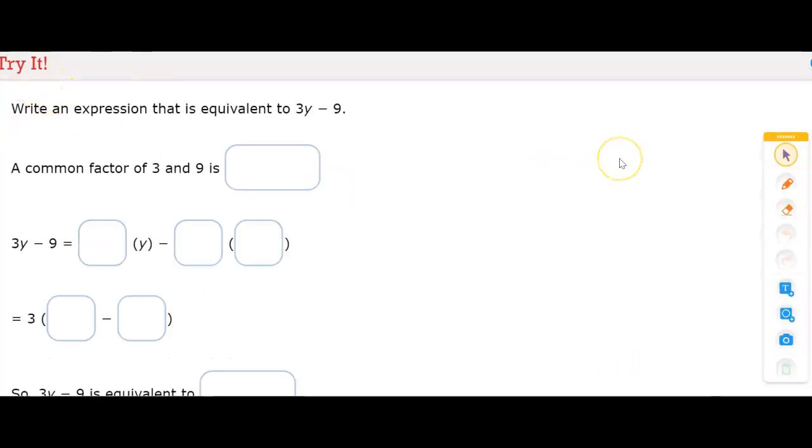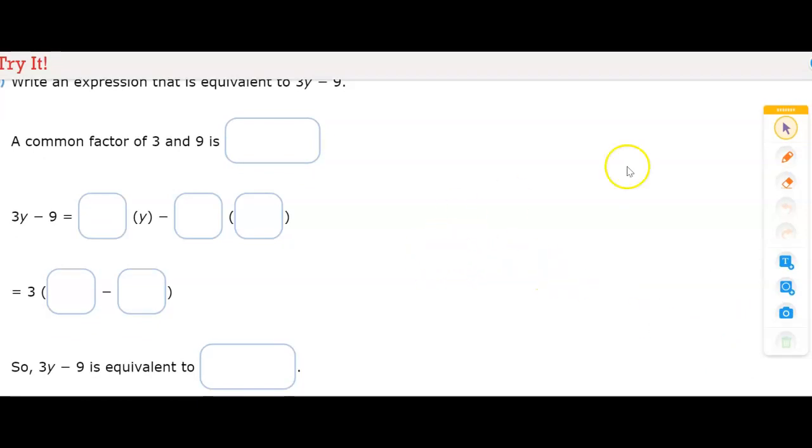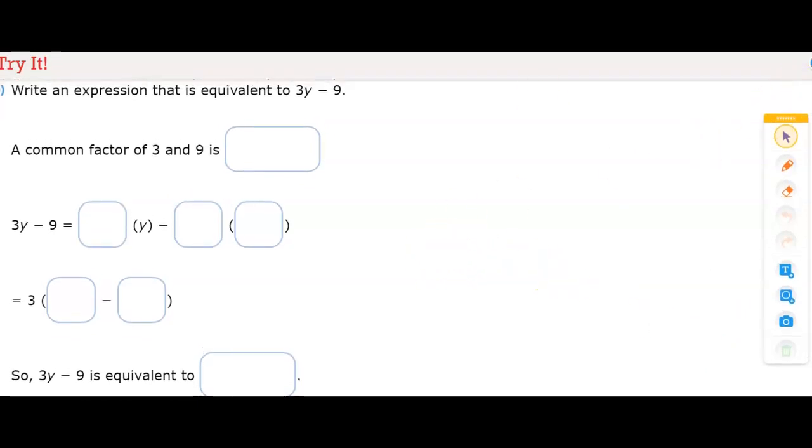Write an expression that is equivalent to 3y minus 9. A common factor of 3 and 9 is 3. 3y minus 9 is equal to 3 times y minus 3 times 3.